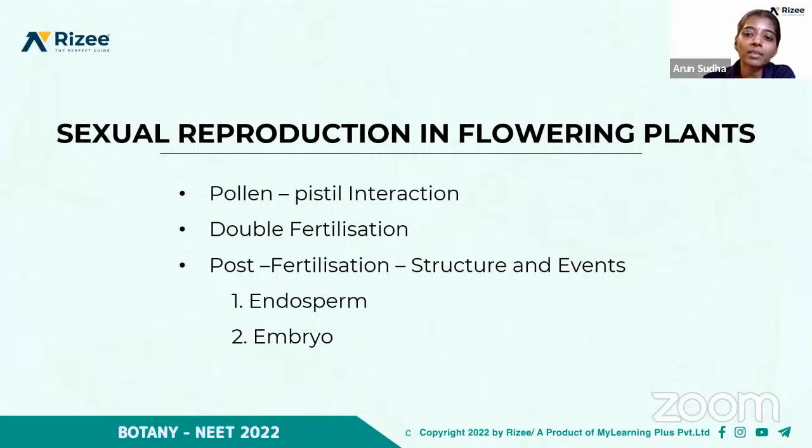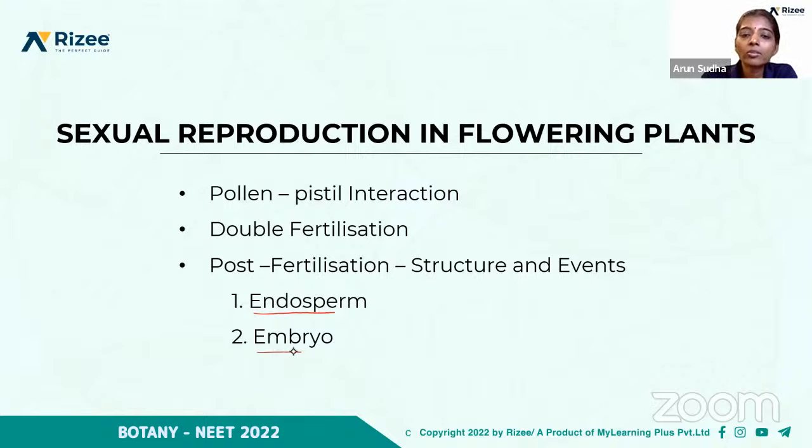Under post-fertilization structure and events, the main structures are endosperm and embryo, and other than this, the ovule will convert into seed and the ovary will form into a fruit, right? But today we'll see in detail about the endosperm and embryo. So today we are going to see about fertilization, double fertilization, then post-fertilization, particularly the endosperm and embryo.